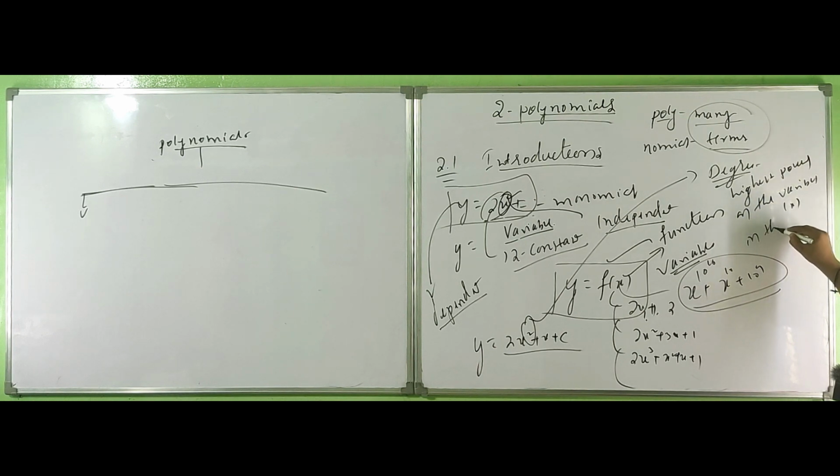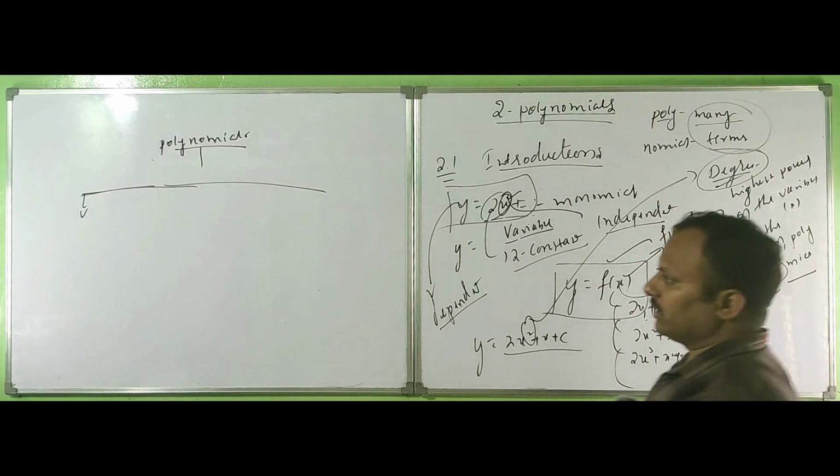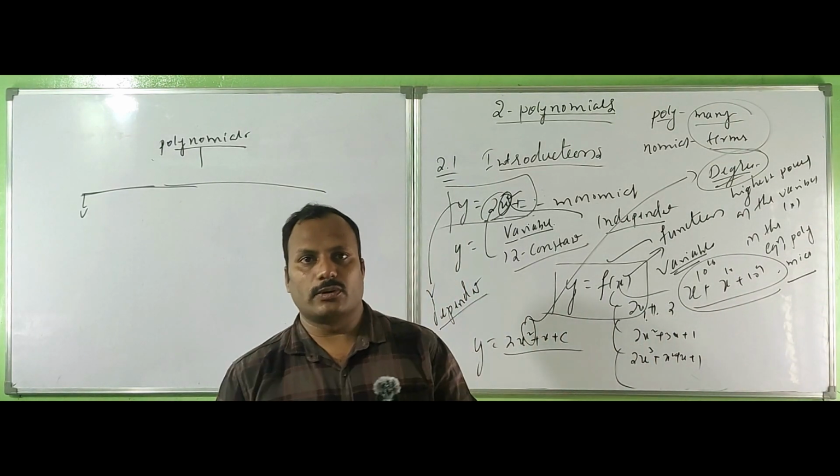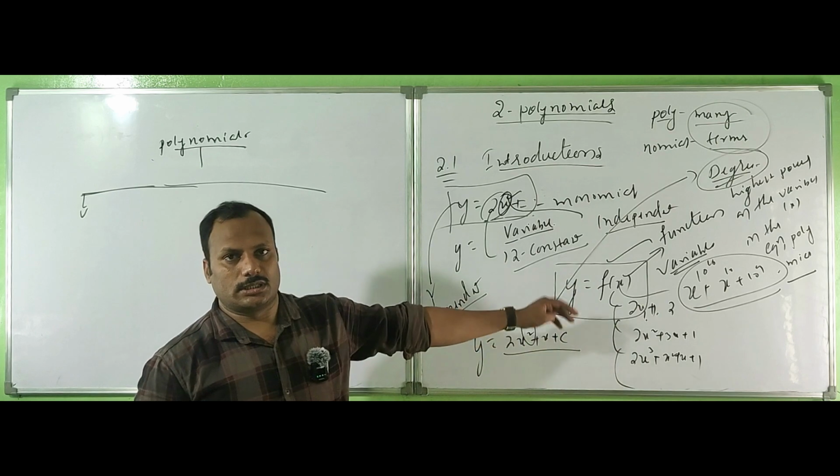We can call the equation a polynomial also. Degree means the highest power on the variable in the equation.